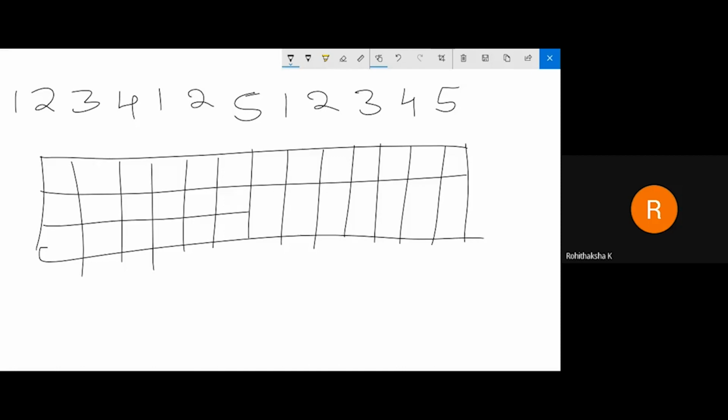Parallelly anyone can unmute yourself and tell me. In case of FIFO, if I want to demonstrate Belady's anomaly, let us take this string and check how the page faults increase with the number of frames.